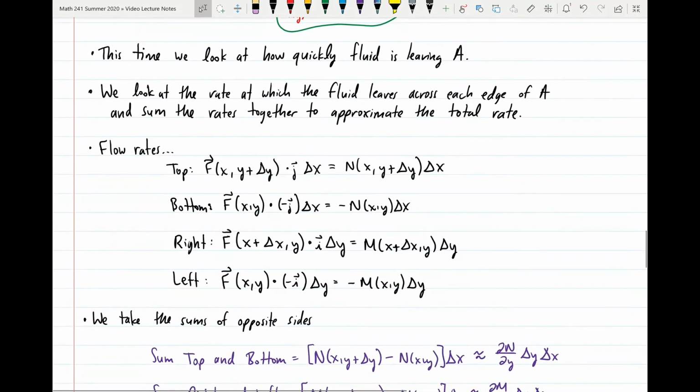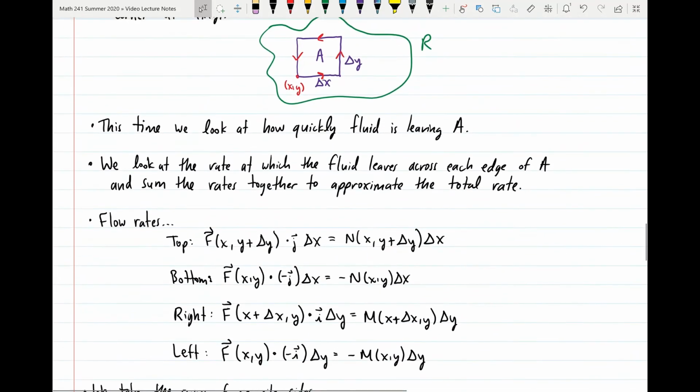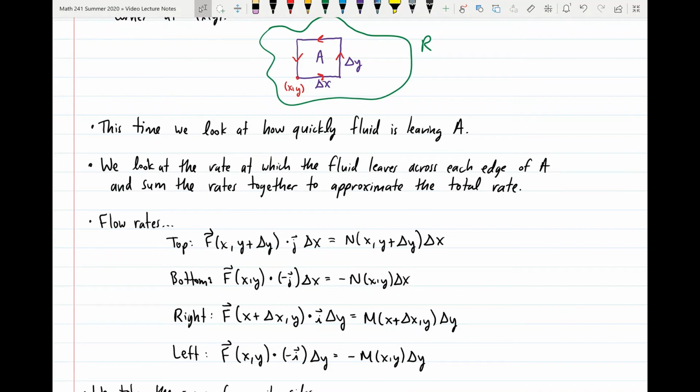Okay, so again, we have our flow rates for the top, bottom, right, and left sides of our rectangle A here. So the top is going to be approximated by f of x, y plus delta y, dot j times delta x.